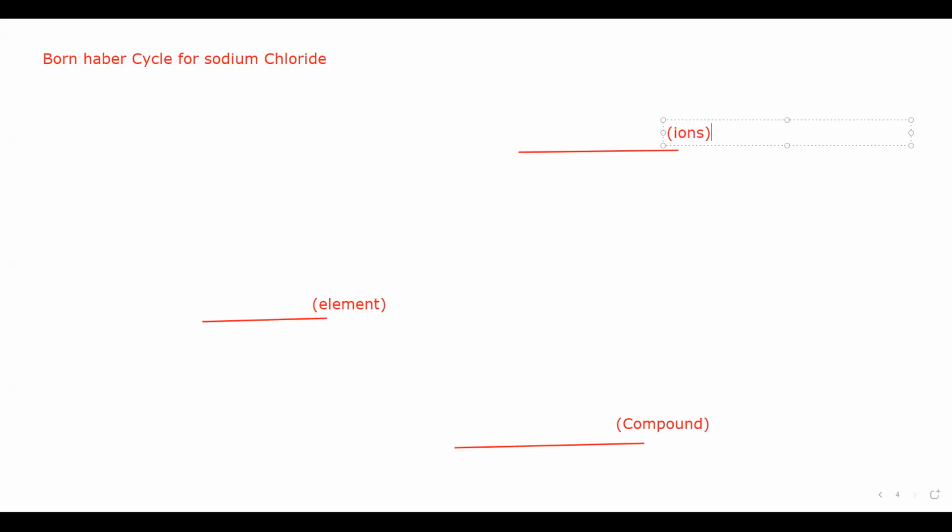To complete a Born-Haber cycle for sodium chloride, which is NaCl, the compound we need is sodium chloride, NaCl, in a solid state.